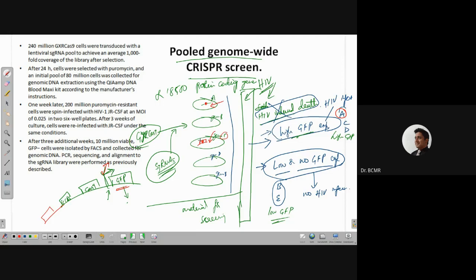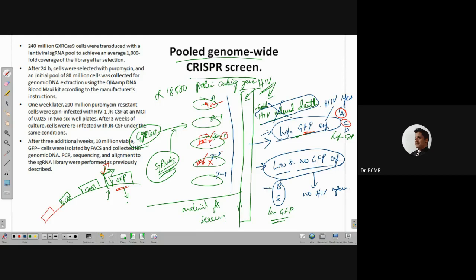That means gene C is not involved in the uptake or infection of HIV, and that is why it has high GFP. It is surviving and has high expression, and high expression indicates HIV infection. The same is the case with gene D. Even though there is a mutation in gene D, there is still HIV infection. That's what it would mean.